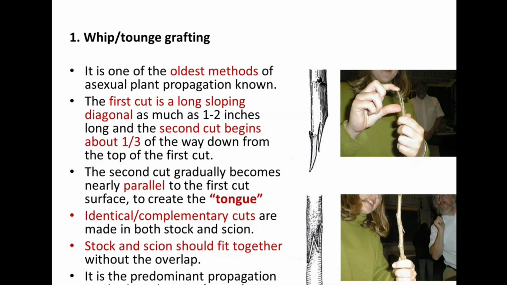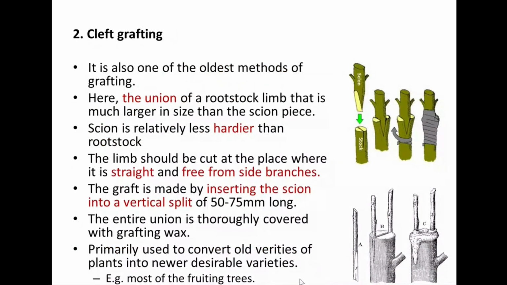Generally the tape is used to protect from the external environment, since we made a wound incision here, so that pathogens should not go in, and also so it firmly fits the rootstock and scion. Grafting tapes are available in the market. Otherwise, at home you can use polythene sheets to tie this. That's also possible.